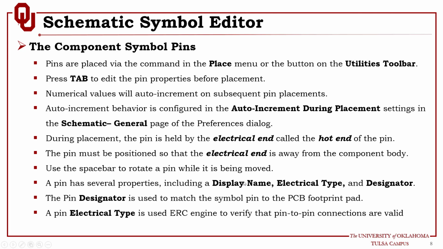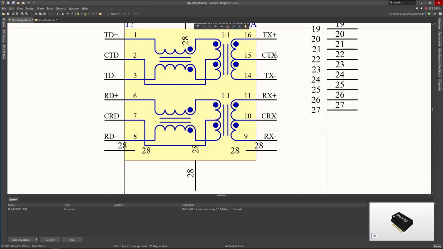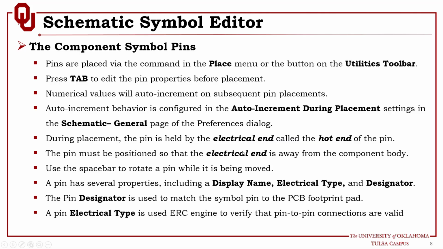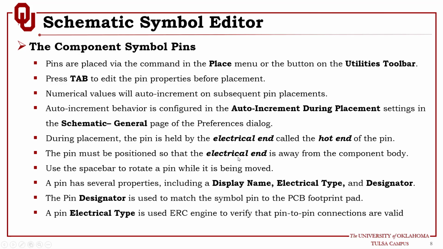And display name, again, it shows the identification of the name of this component, can be copied from the data sheet. So this component is input. It can be, for instance, in here receiver plus, transmission plus, the center tab for the transmitter, center tab for the receiver, etc. And then in electrical type, it's input, output, passive, high impedance, open collector, open emitter, all different kinds of types.